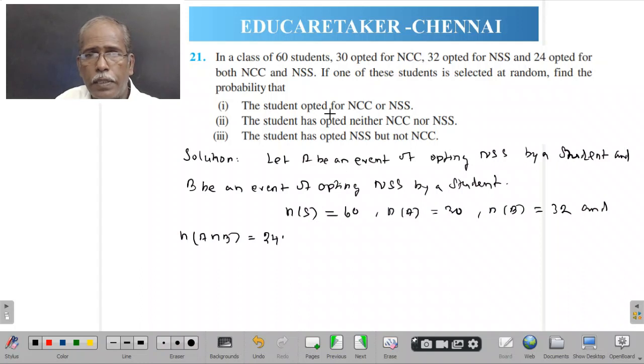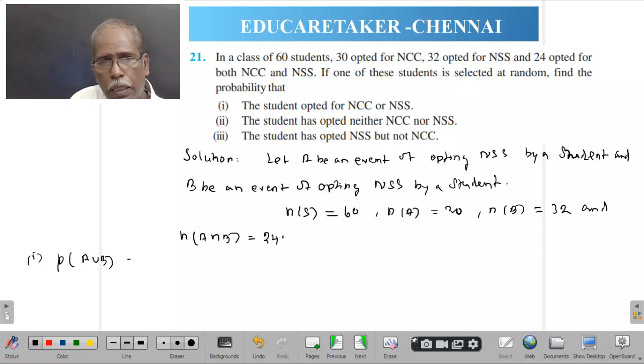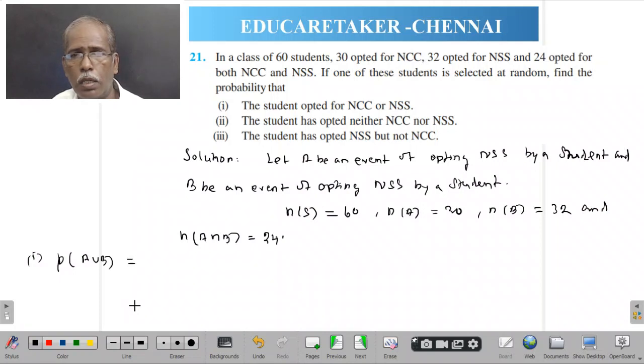The probability that the student opted for NCC or NSS, so subdivision 1, means A union B, either A or B, opted for either NCC or NSS.